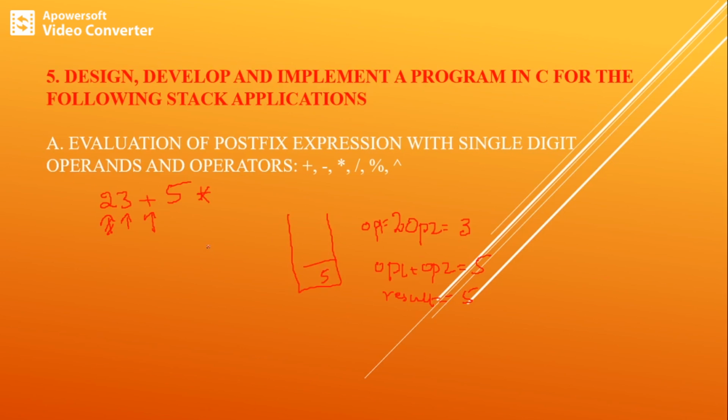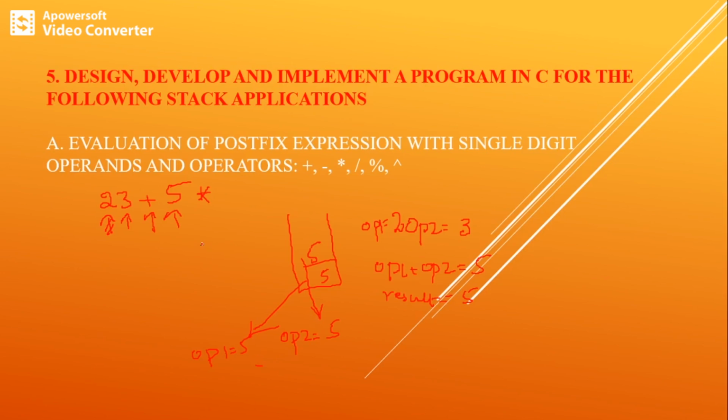Next I will get the next operand. I will read the next character from the postfix expression, that is 5. I will push it onto the stack. After that I get an operator. When I get an operator, I will pop the topmost 2 symbols. The first one I am popping is operand 2, and the second one I am popping is operand 1.